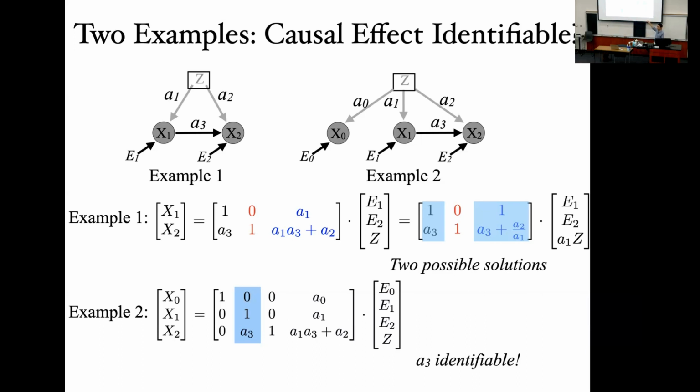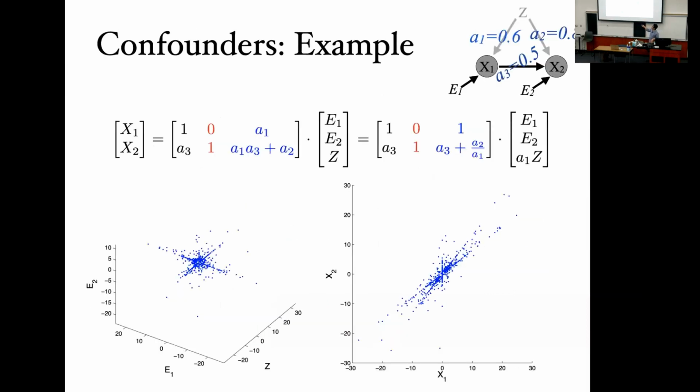By the way, some of you are familiar with this graph. In causal inference, identification of causal effects, even if this is a latent confounder, you can consider this as a surrogate, and then you can still identify the causal effect under some conditions. Here you can see basically an illustration. Right here, we have the scatter plot of E1, E2, and Z. They are independent and sparse.